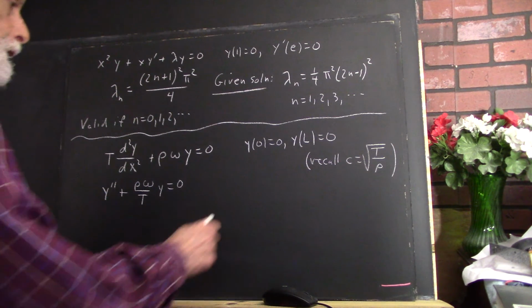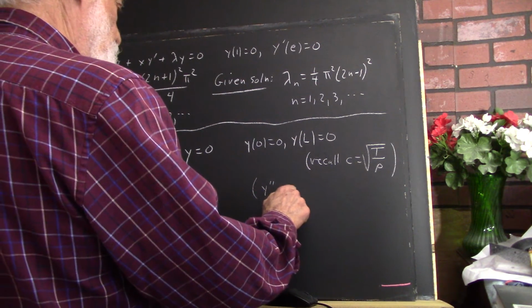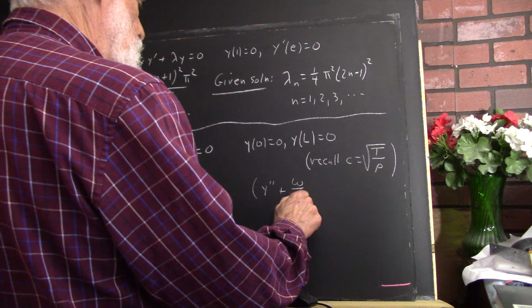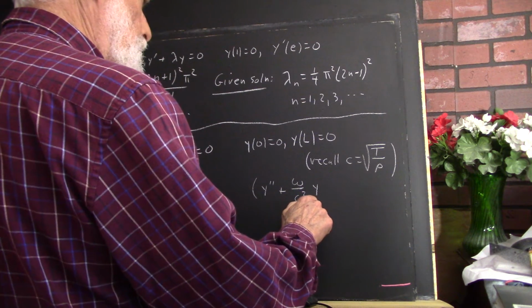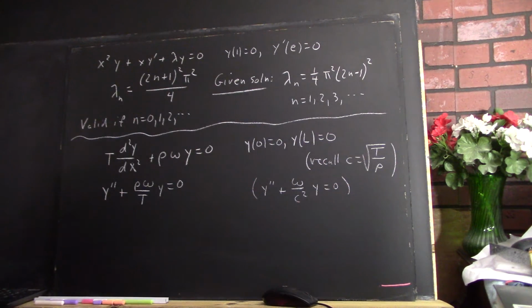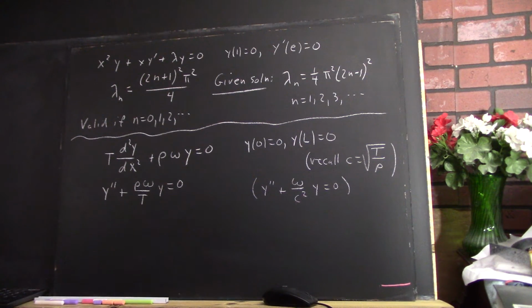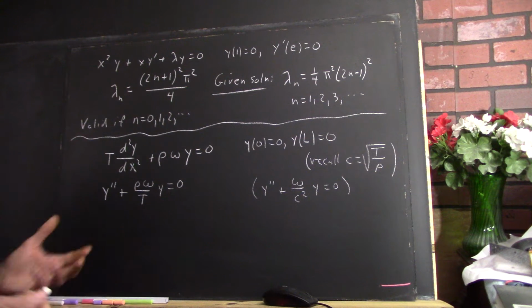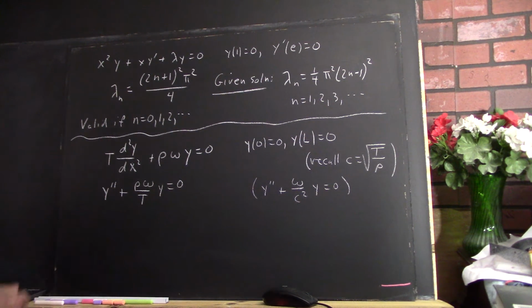So I'm going to write that over here. In parentheses, you've got y double prime plus omega over c squared times y equals 0. That's important if you're dealing with a wave equation, and you are dealing with the spatial component of a wave equation when you're doing this problem.